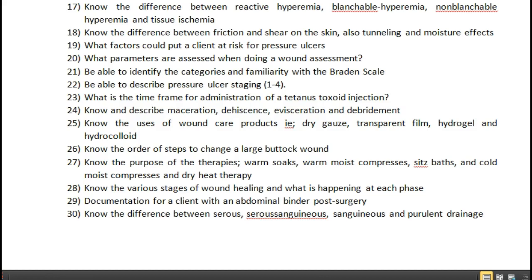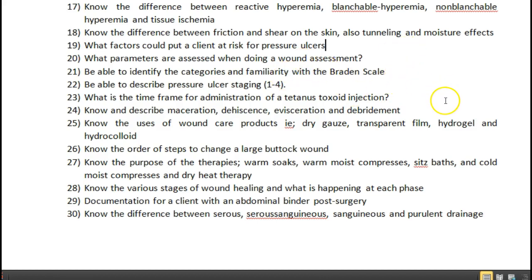It basically causes the tissue to become susceptible to breakdown. A person with excessive skin moisture, decreased mobility, decreased sensory perception, decreased activity. All of these people are at more risk for pressure ulcer development. So we know what we have to do as nurses. We have to position, turn, and try to keep the patient clean.